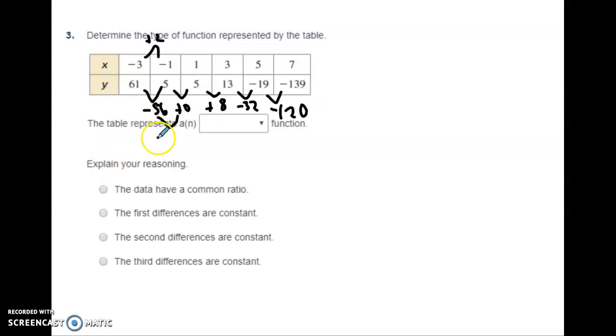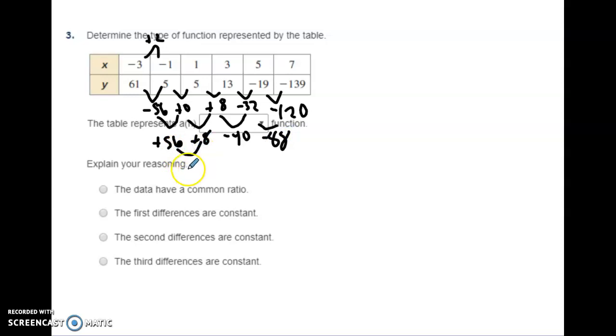To get from negative 56 to 0, that's adding 56. From 0 to 8, that's adding 8. To get from 8 to negative 32, that is subtracting 40. And to get from negative 32 to negative 120, that's subtracting 88.